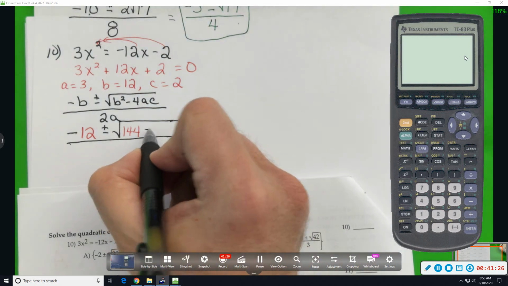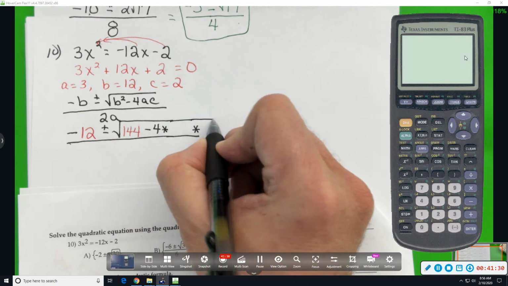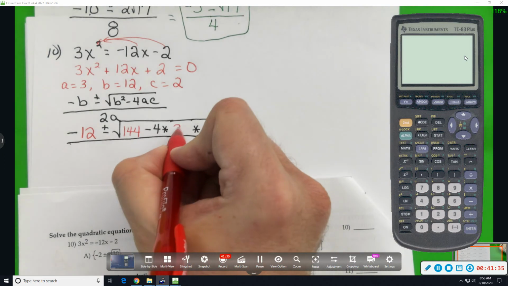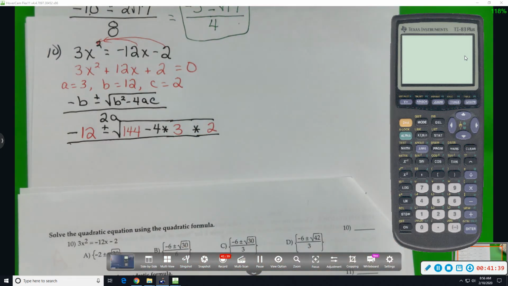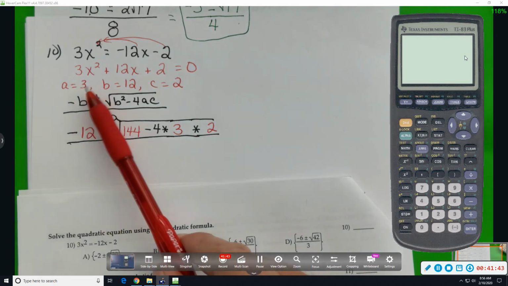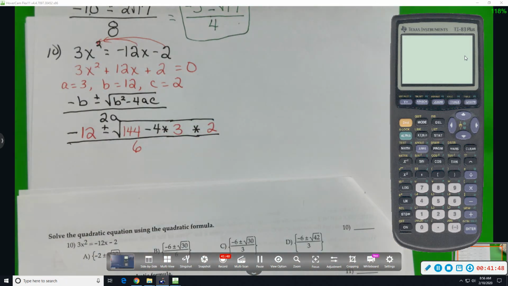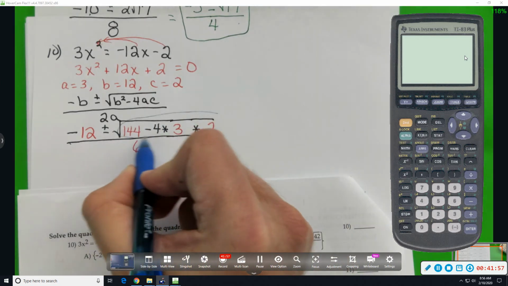Minus 4 times A times C, all over 2 times A, 2 times 3, is that a 6? What am I about to do? Well, simplify that square root.